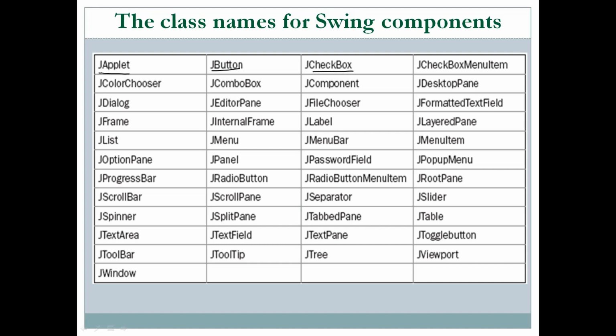Only J has been prefixed before the name of a component in Java Swing. And all the components are represented by classes in Java Swing. So we have the classes JApplet, JButton, JCheckbox and many others. In our Swing chapter, we will be studying some of the important components from this list. Okay, so these are the class names for Swing components.